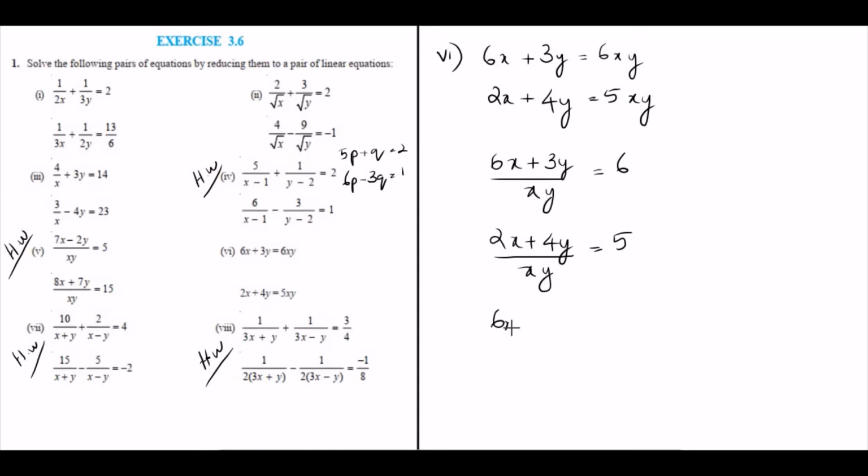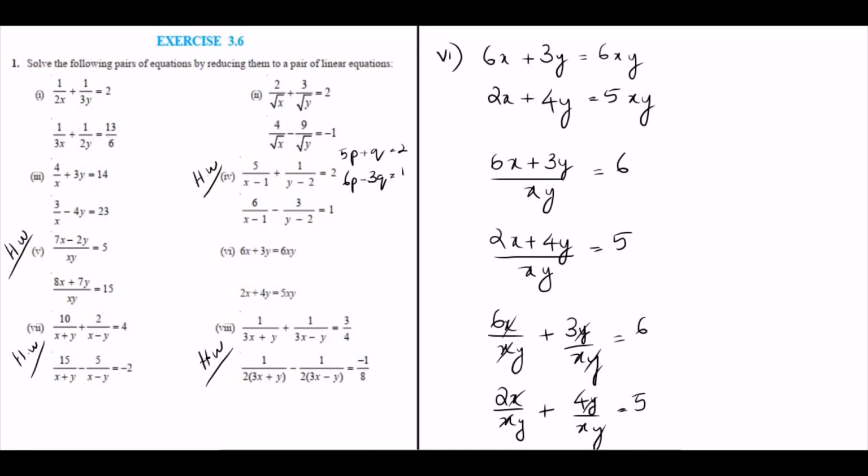That is, 6x by xy plus 3y by xy is equal to 6 and 2x by xy plus 4y by xy is equal to 5. That is, when you cancel the same variables, you get the equation as 6 by y plus 3 by x is equal to 6 and 2 by y plus 4 by x is equal to 5.